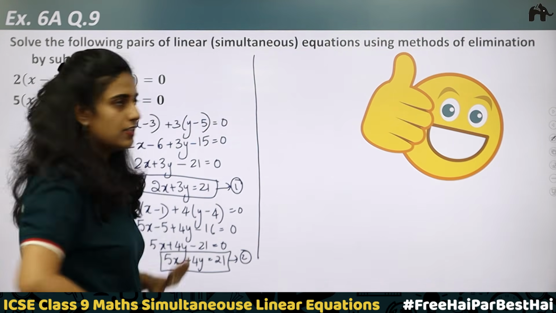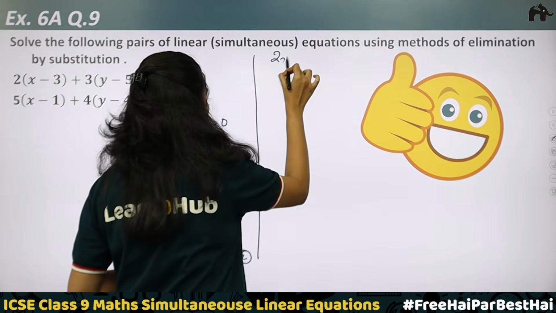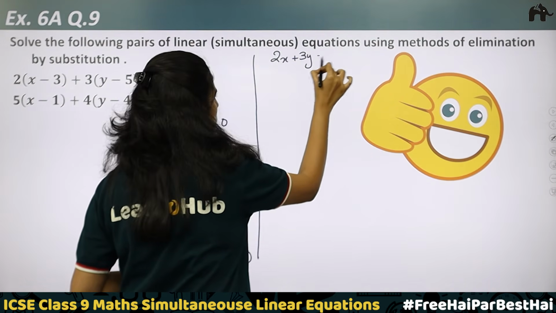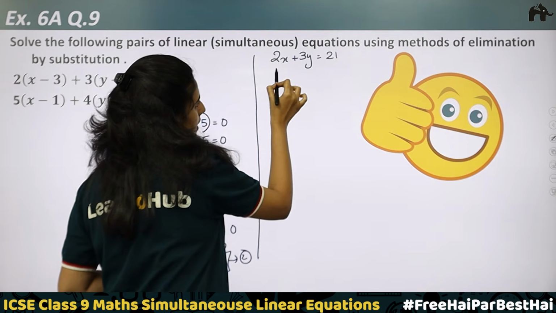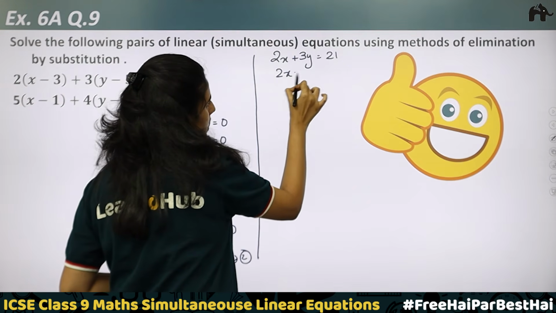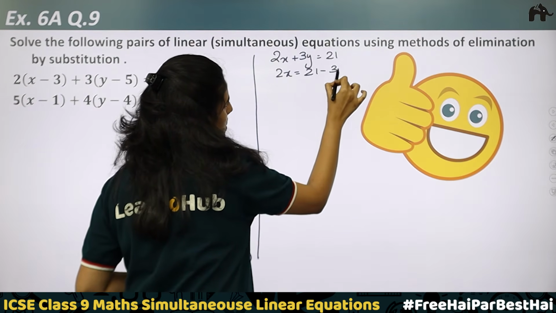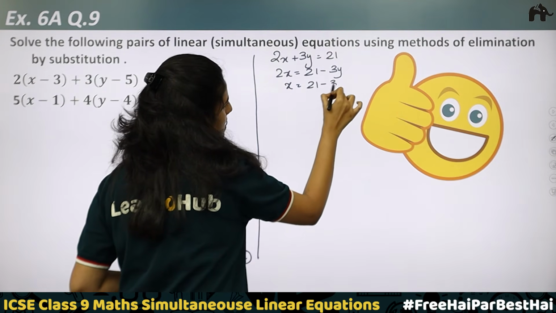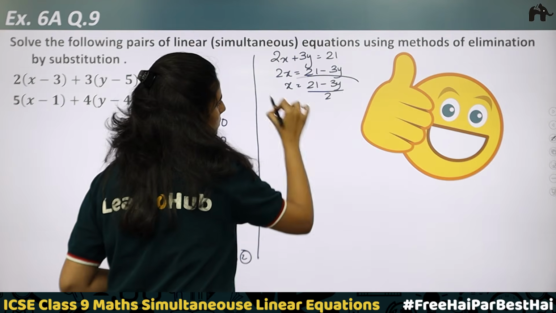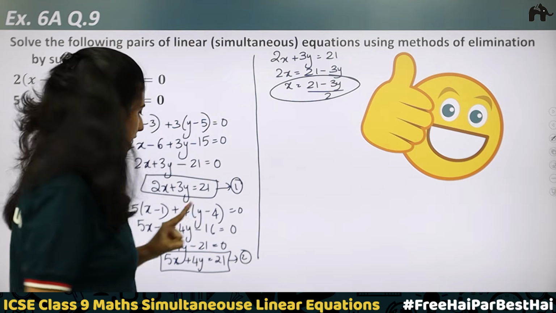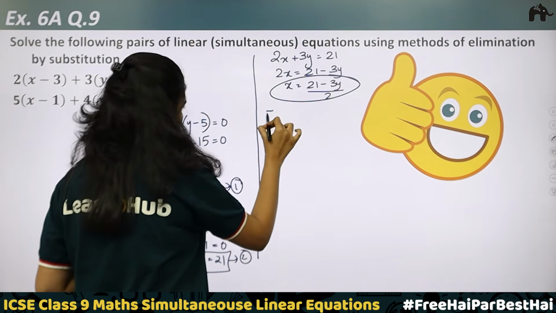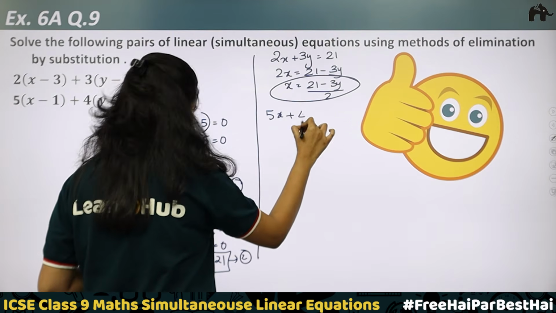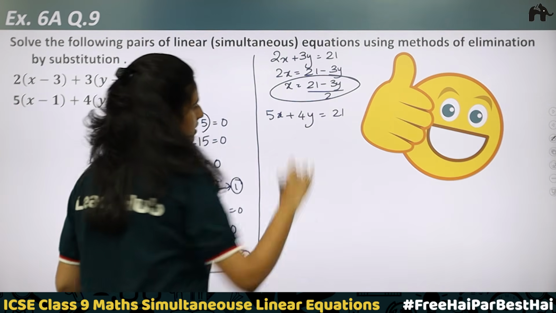Now take the first equation, that is 2x plus 3y is equal to 21. From this I can write 2x is equal to 21 minus 3y and x is equal to 21 minus 3y divided by 2. Substitute this value of x in the second equation, that is 5x plus 4y is equal to 21.